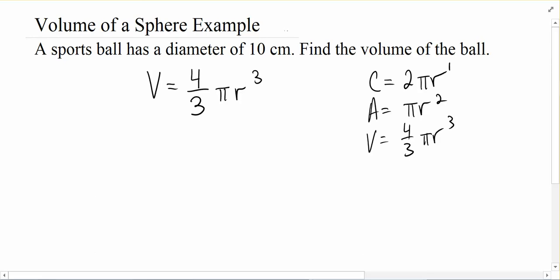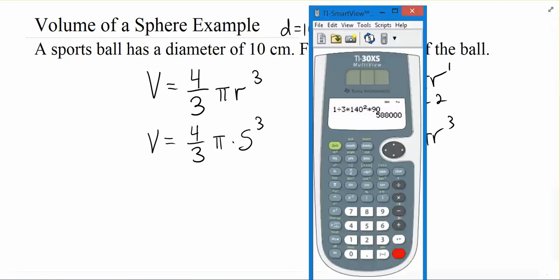Now in this case, we are given that the diameter was 10, which means the radius is half that, it's 5. And so once we know the formula that applies and what the radius is, we toss those numbers in and we can grab the calculator out and finish this problem out.